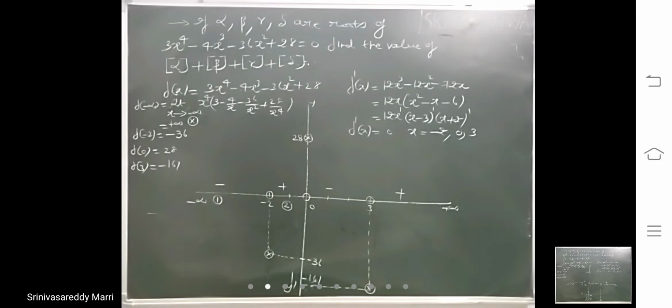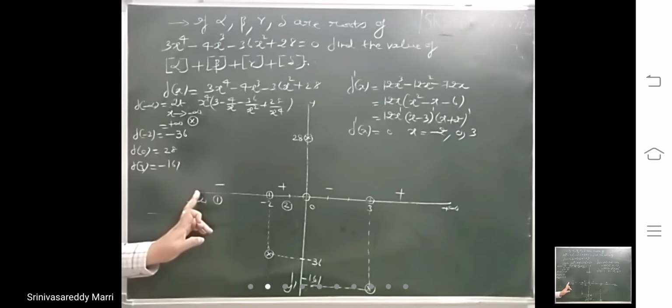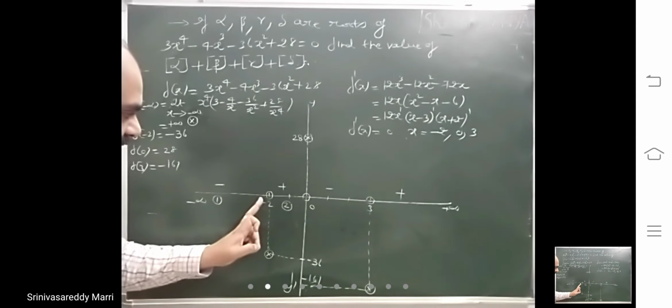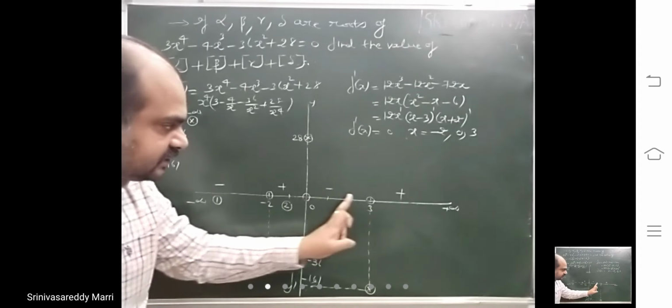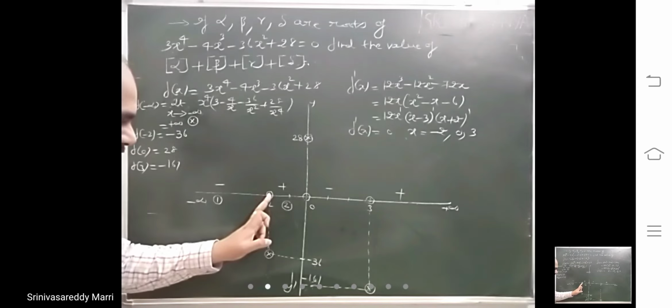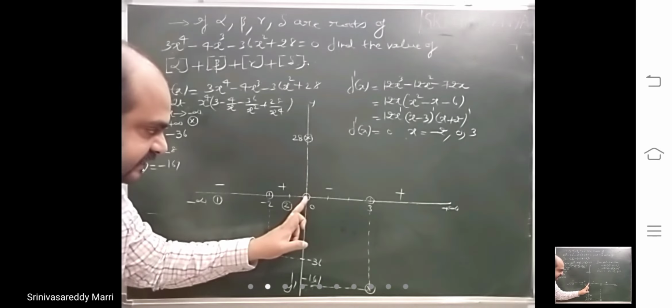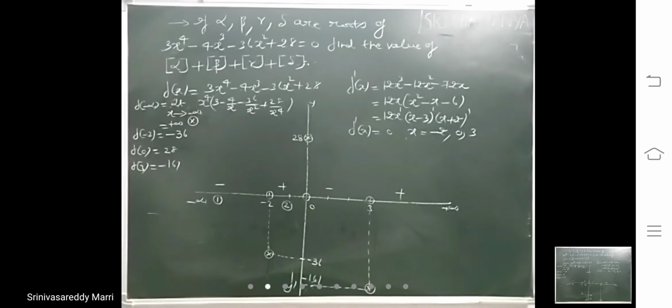Let me explain once again. I have marked -2, 0, 3. From here to here decreasing, from -2 to 0 increasing, 0 to 3 decreasing, 3 to infinity increasing.